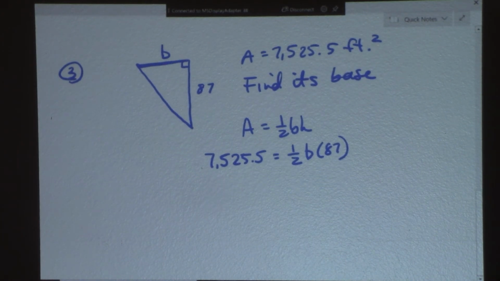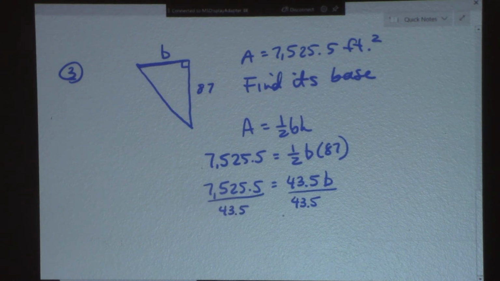So now what I'm going to do is half of 87, this becomes now an algebra equation, and half of 87 is 43.5b. So I have 43.5 times b. So if I want to get b by itself, I do the opposite function, which is to divide.